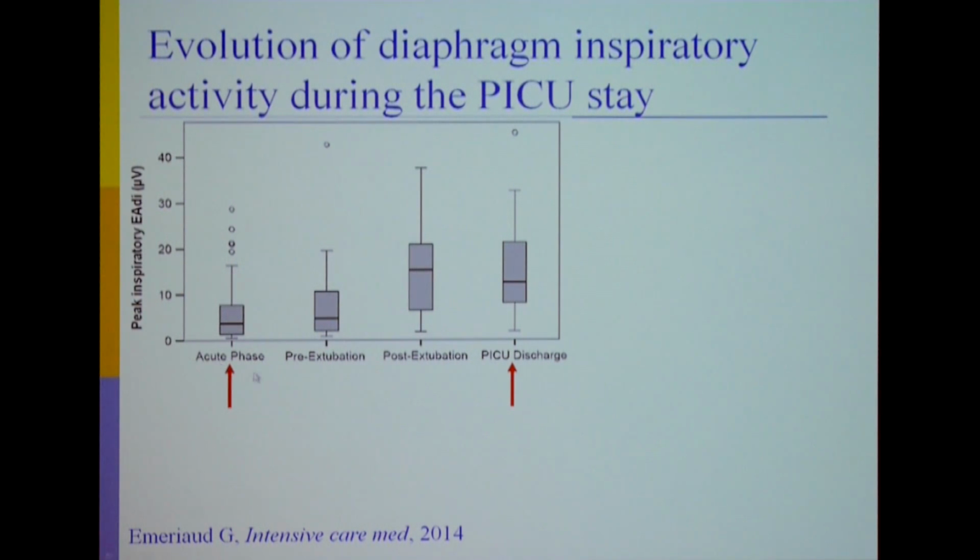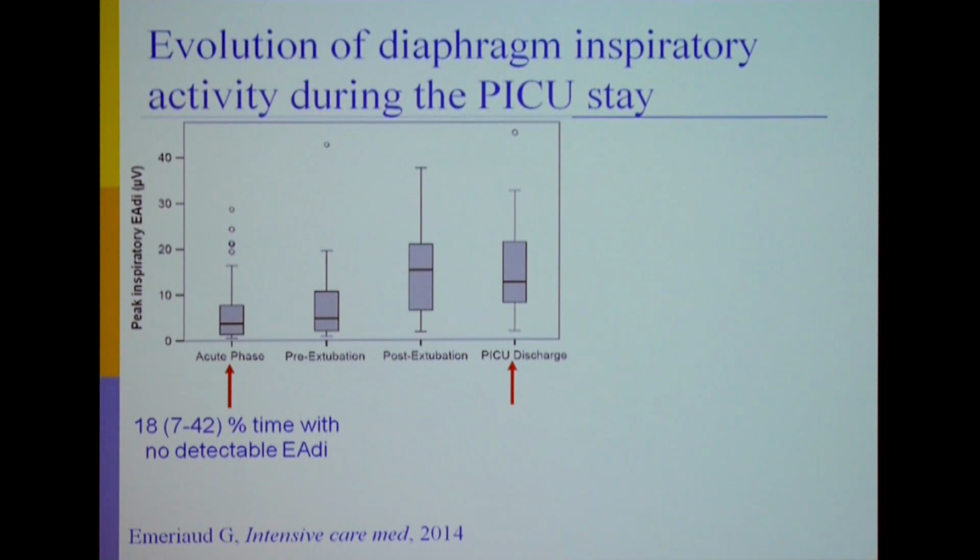This is probably logical, because one goal of mechanical ventilation is to unload the respiratory muscles, but we can wonder if it's not decreased too much. In fact, one of the most important findings in this study was that there was very prolonged silence.